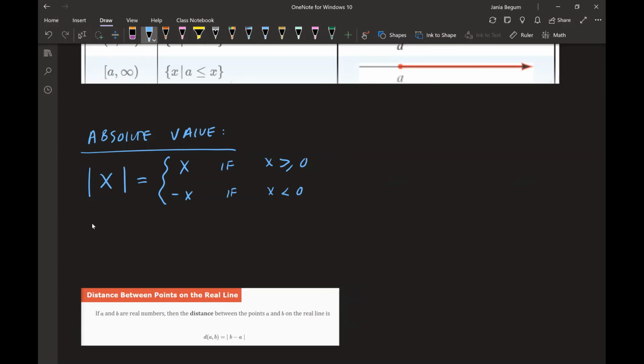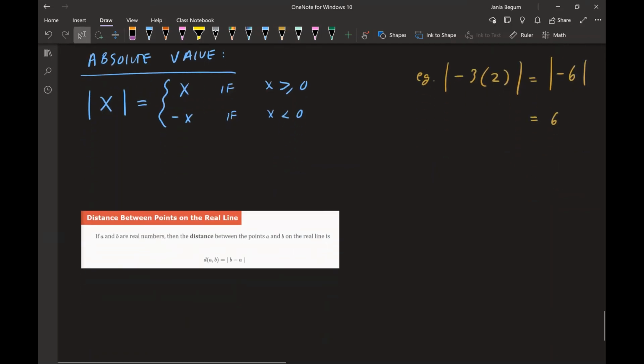For instance, if I am looking at, say, absolute value of -3 times 2, well, that just means I multiply the number and take the absolute value of it. So this is -3 times 2, that's -6 inside the absolute value. And I take the absolute value of this, that's just 6. Pretty much a simple example just to illustrate the idea, okay?